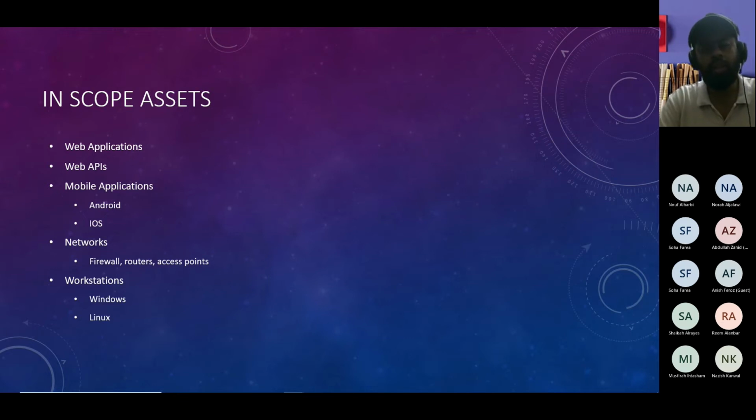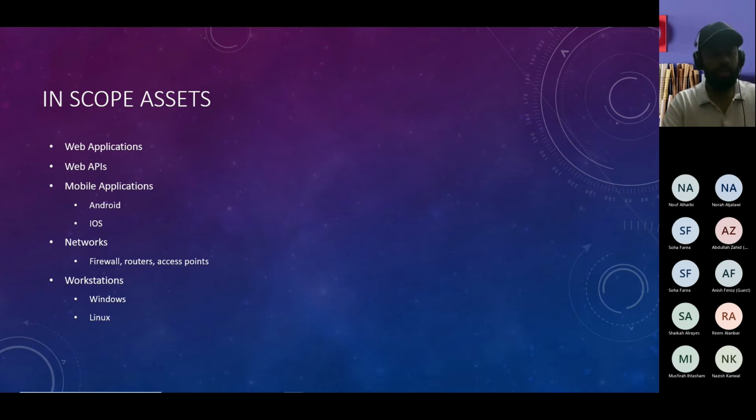We have tested web applications, APIs, mobile applications, lots of network devices, workstations and servers. Even cloud infrastructures are assets of VAPT. So this is the target area that is in the scope of VAPT.